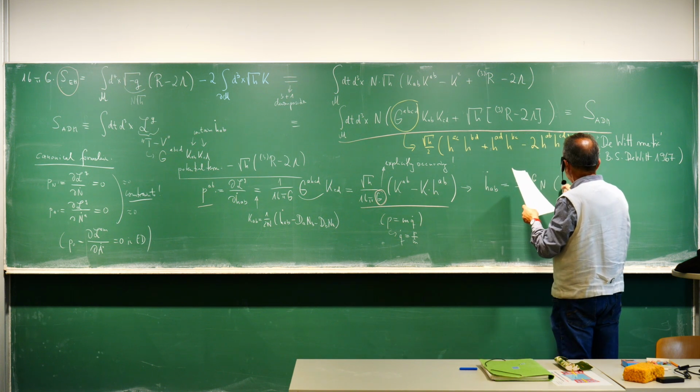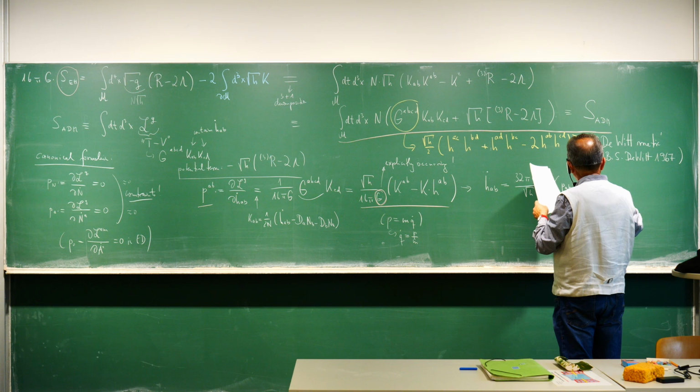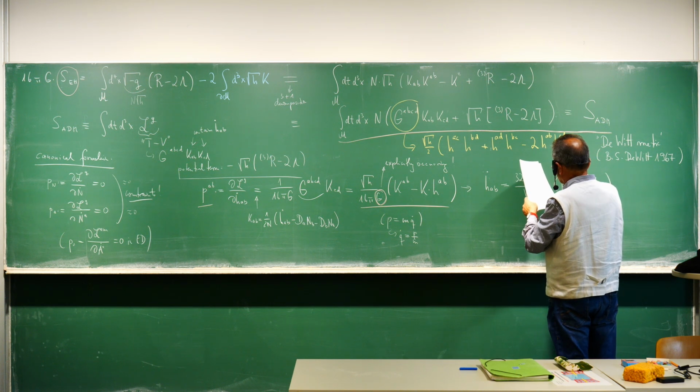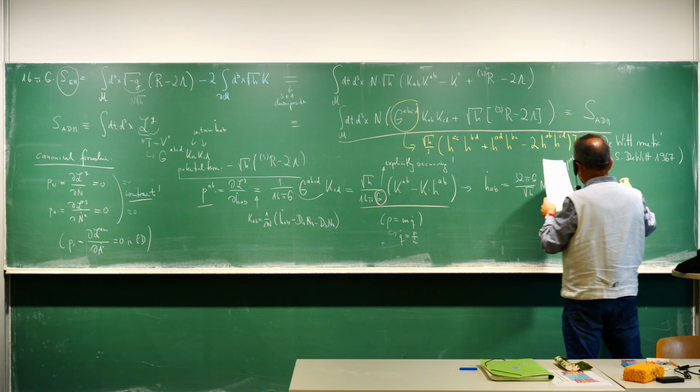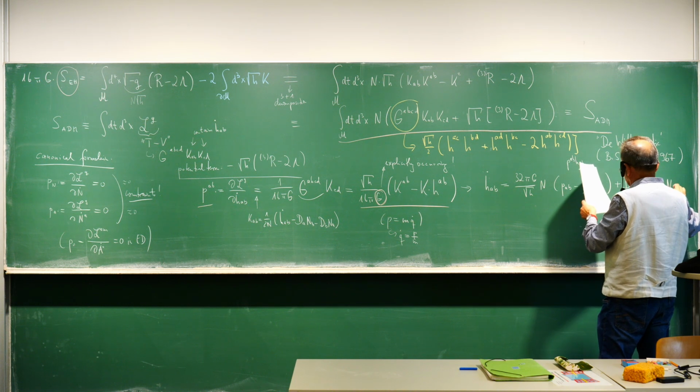And then you have p_ab minus 1/2 p h_ab. Now this is the trace, so this is h^cd p_cd h_ab, and then you have plus D_a N_b plus D_b N_a.